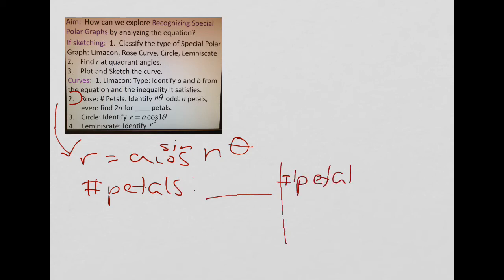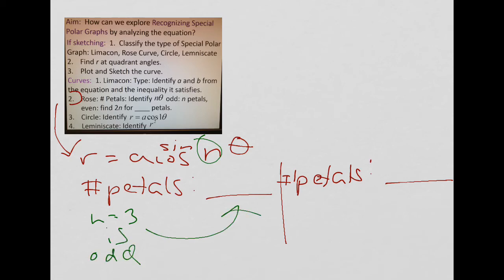We can identify how many petals there are depending on what n is. So if n is odd, let's say it's 3, then we say that there are 3 petals. So identify that it is odd. If let's say n was 4, once it's even, you then have to do 4 times 2. That gives you 8. There's actually 8 petals.